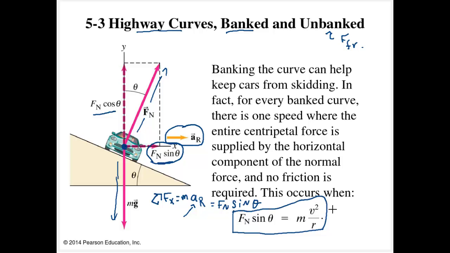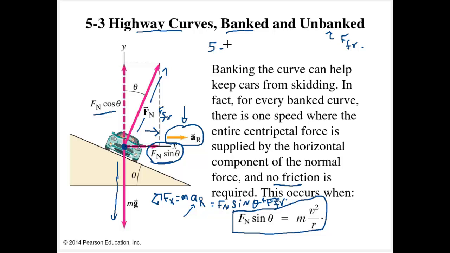So this is an equation that describes where no friction is required for this car to have some radial acceleration, mv squared divided by r. If we included a frictional force, put that guy right there, force of friction, we'd simply add that guy on right here, force of friction.